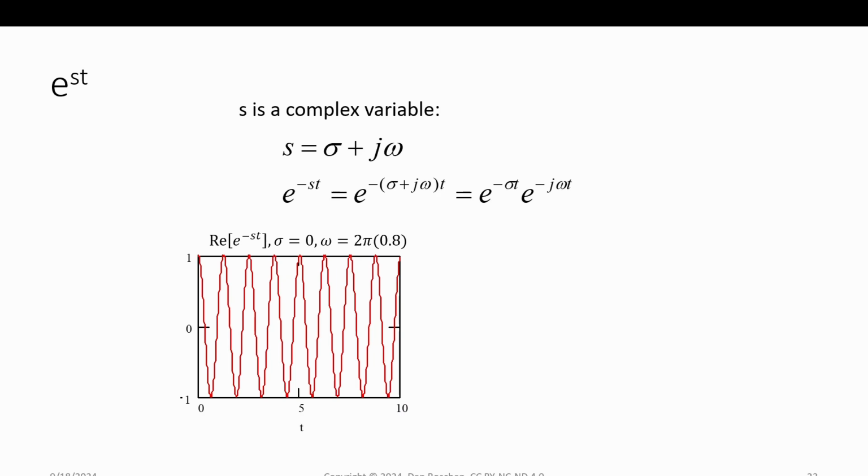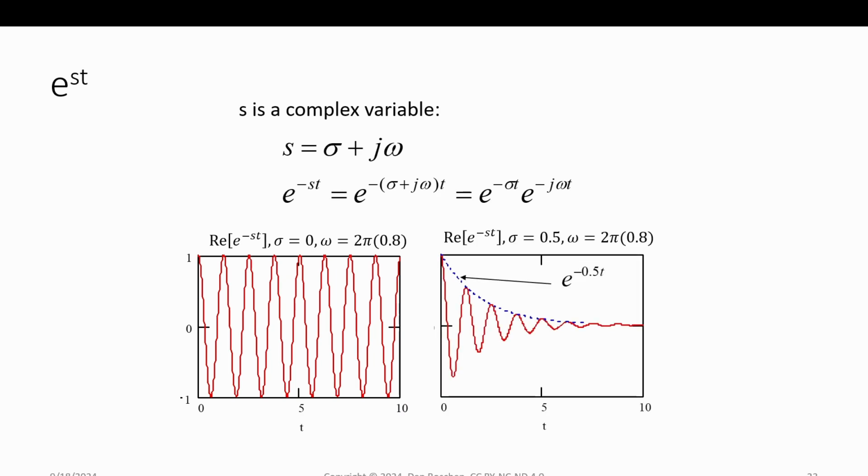So here I put in some actual values for omega, and we get a frequency. So what I want you to see is when s is just imaginary, it's a spinning phasor with constant magnitude. And then if we add in this real component, we can allow it to decay or grow with time. Right?